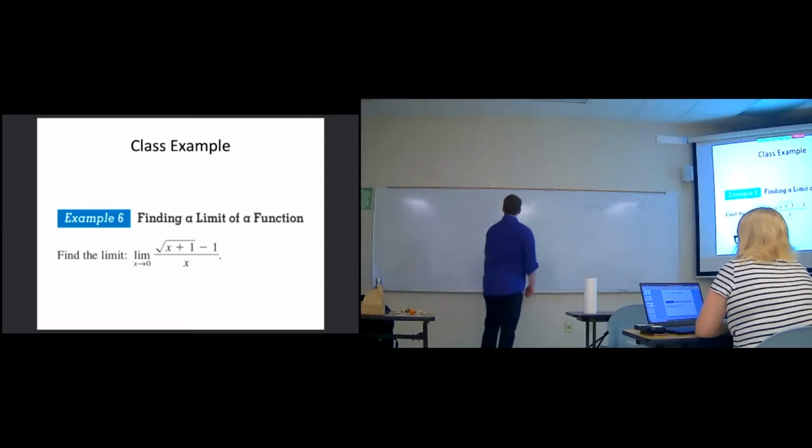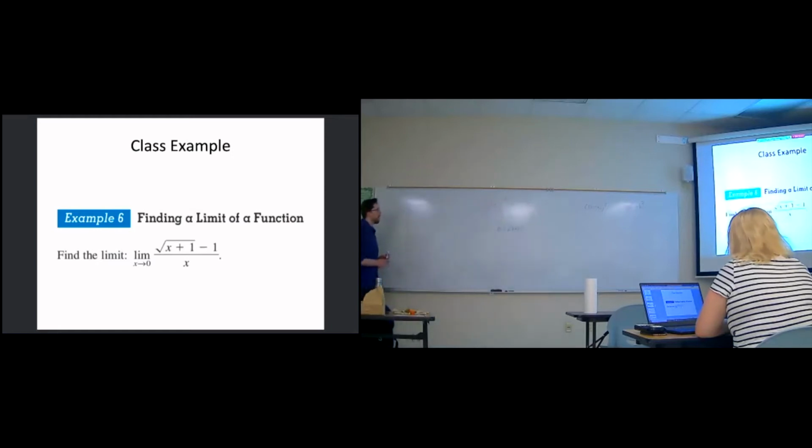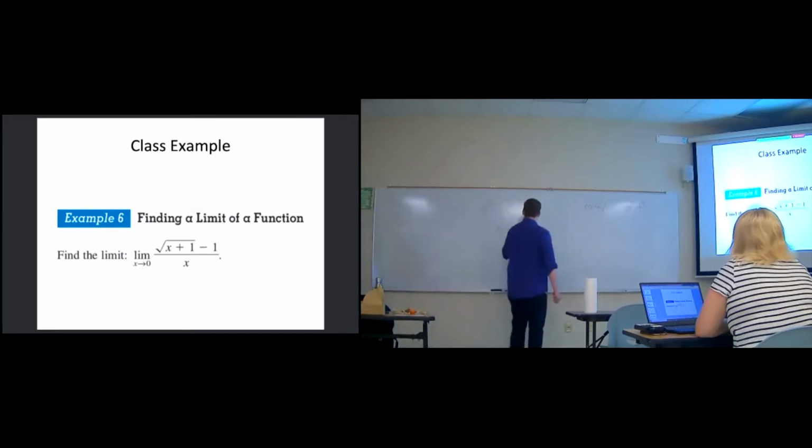Let's imagine that a is equal to the square root of x plus 1. When we do that, that automatically gives us b has to be equal to 1.